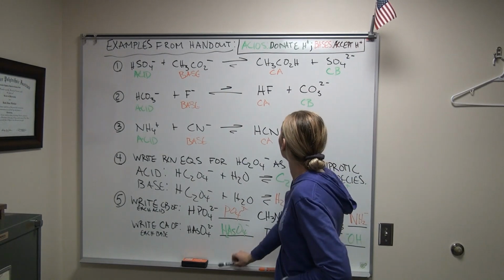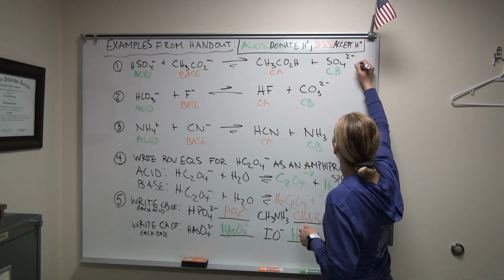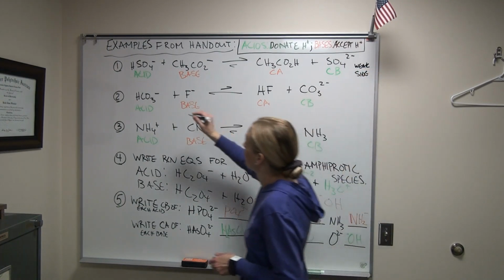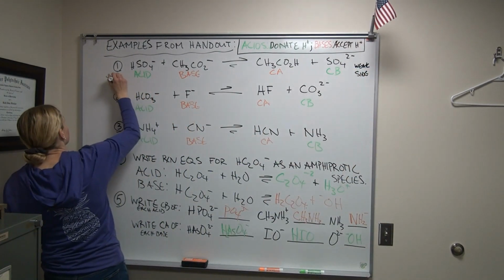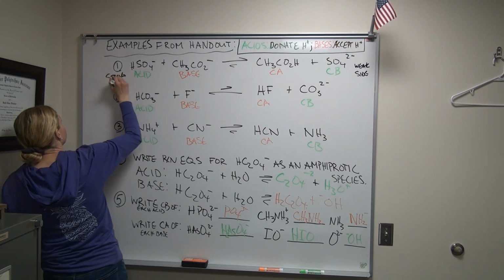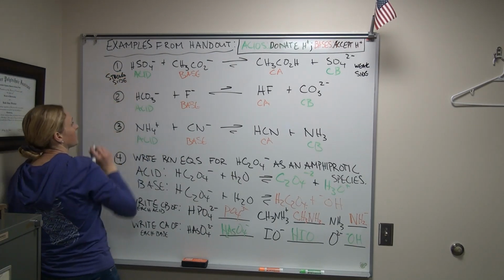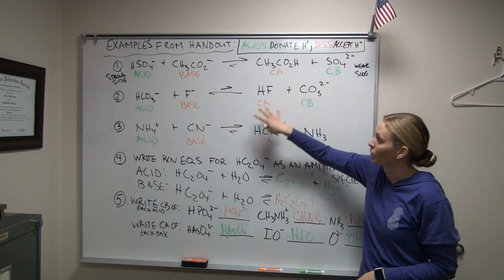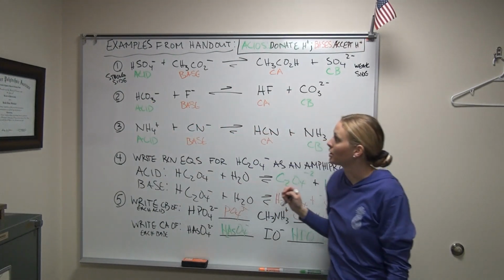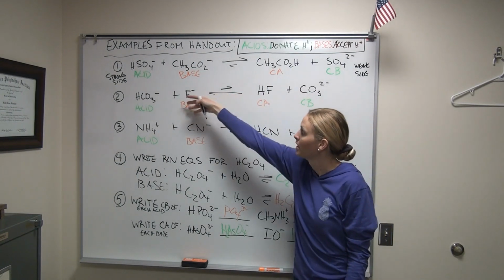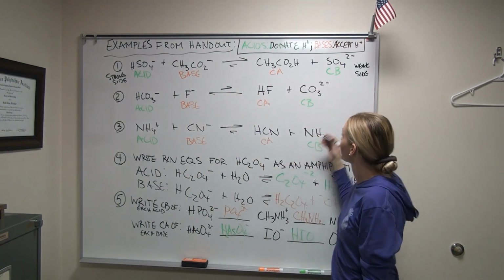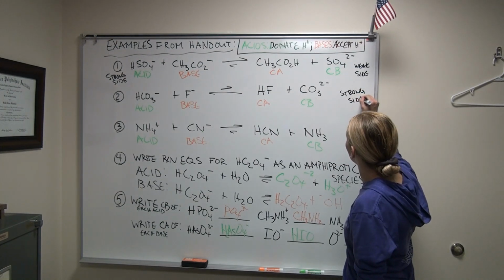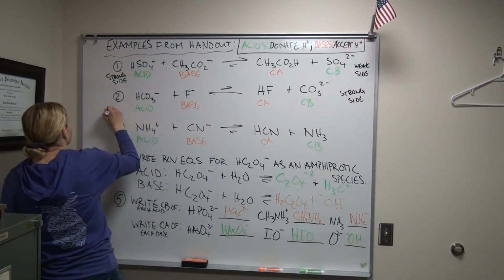Here we can say this is the weak side, and this is the strong side for this reaction. In this reaction, HF is stronger than HCO3 because the arrow is heavily pushing toward that side. So this is the strong side dissociating more to the weak side.